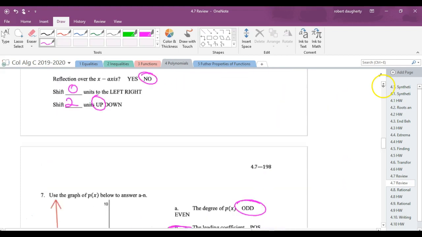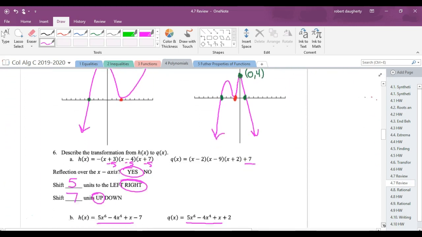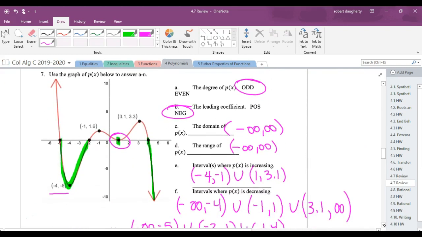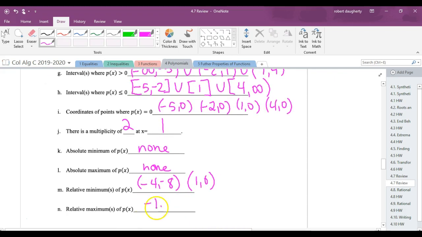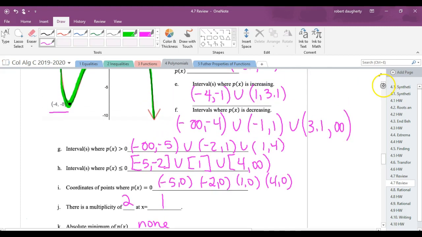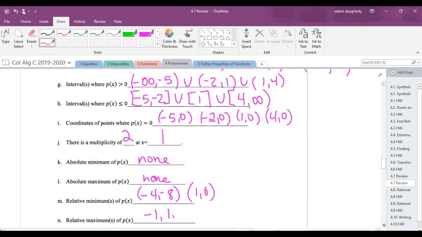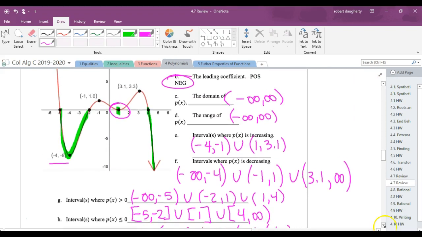Relative maximum. Go look at the graph again. So where do I find the relative maximum? There are 2. -1, 1.6, and 3.1, 3.3.